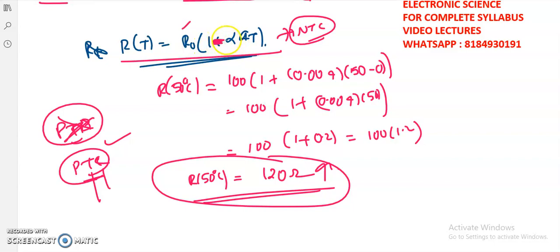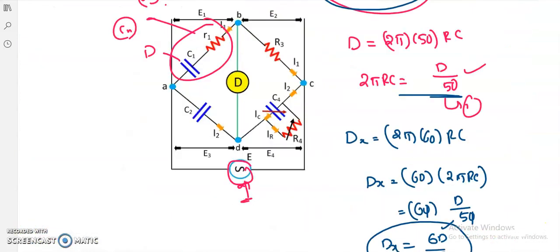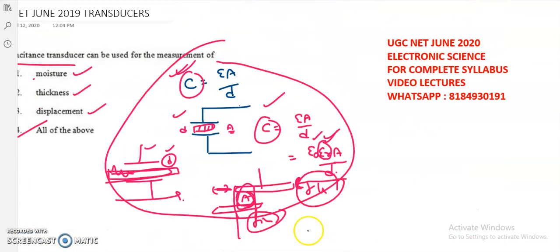If the RTD is manufactured with metals, which have positive temperature coefficient resistance, then I will get the plus here. That is the only difference I want to say. So these are all the questions that we faced in June 2019 regarding the 10th unit, that is the transducer. Thank you.